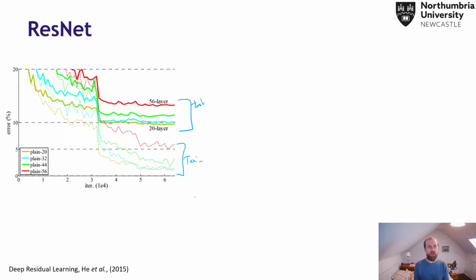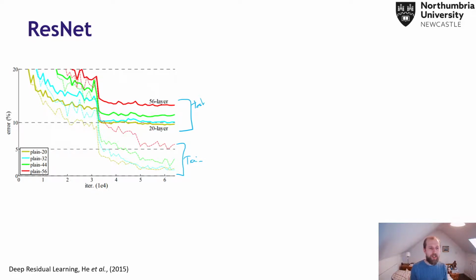So this is where we can see that there is some overfitting. Almost always there's going to be some overfitting with deep networks. But you can see the 20 layer model is in this yellow, and then the 32 layer is in cyan, 44 in green, 56 in red.